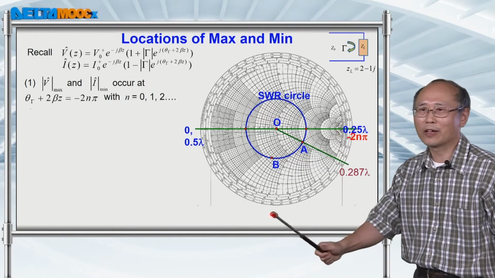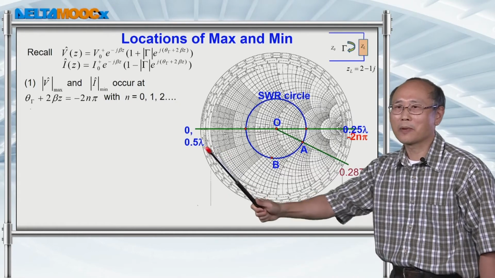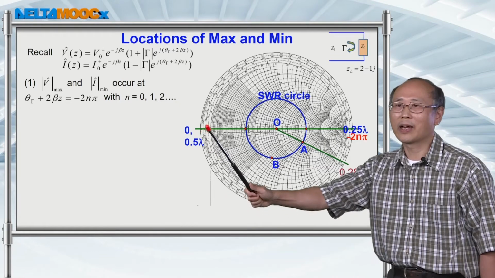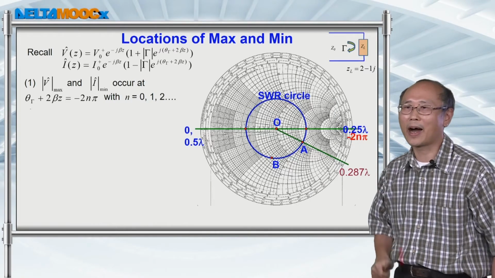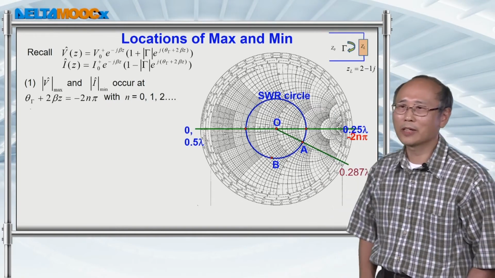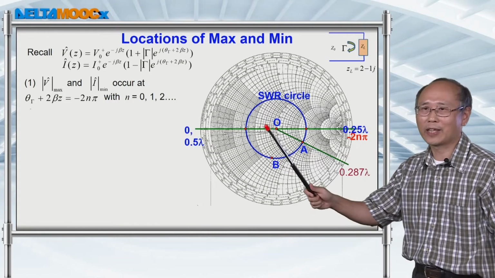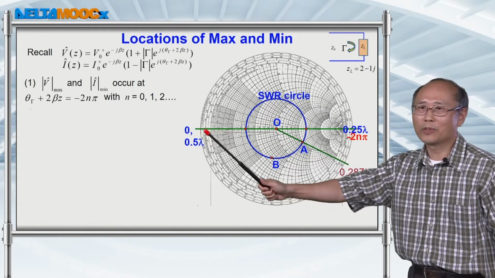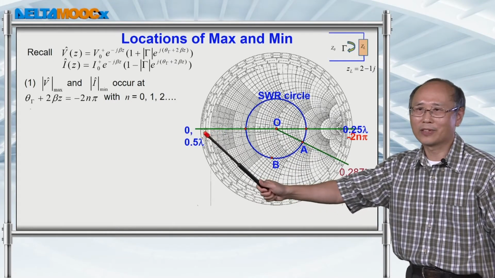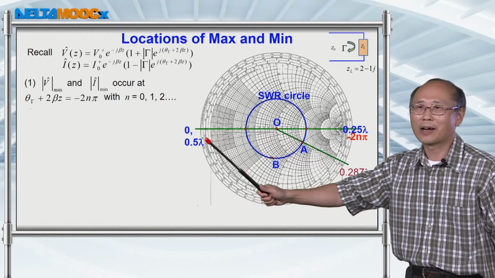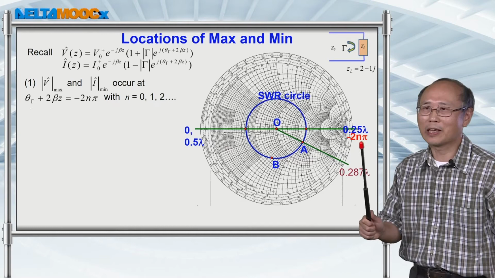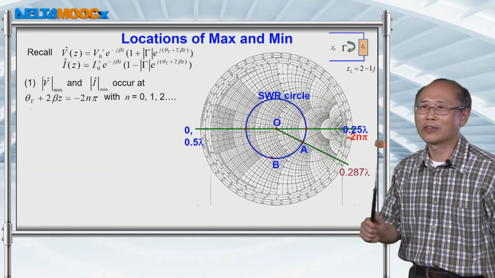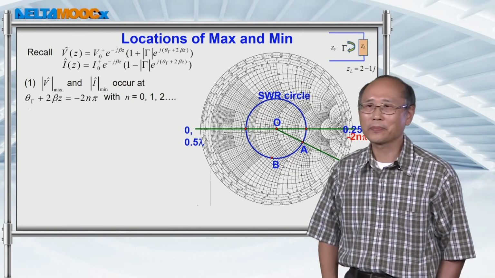And when you move along this direction, this is the minus π angle, and then if you go a whole circle, then you have minus 2π angle. So don't be confused that the blue labels the length of the transmission line in unit of the wavelength, but the red label tells you the angle on this Smith chart.